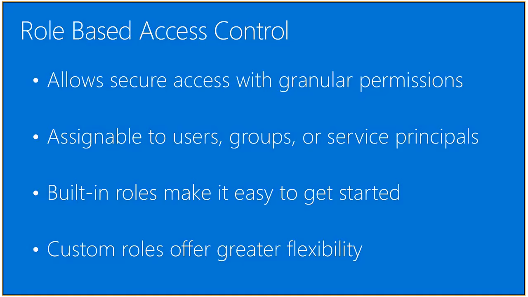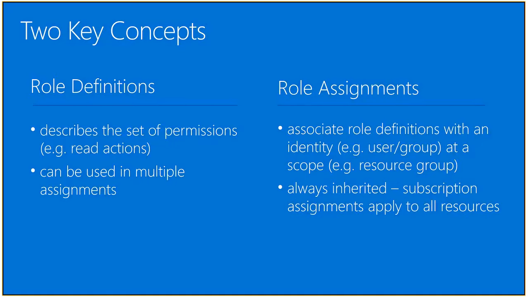There are two key concepts we should understand when we use RBAC. The first is role definition. It describes the set of permissions, like read permission, write permission, or other custom actions. You put all the actions into a role.